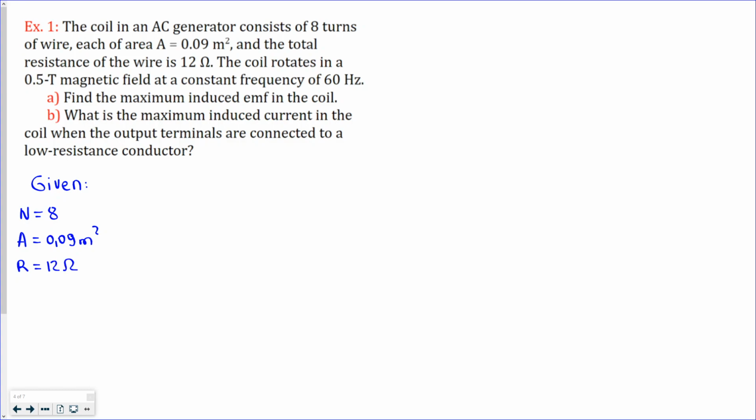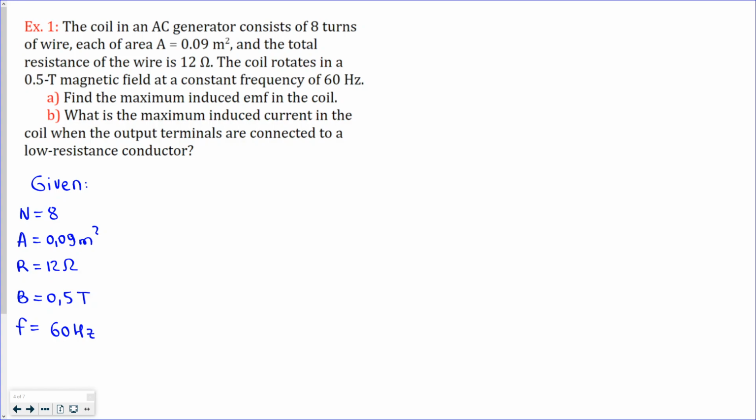And the coil rotates in a 0.5 Tesla field. So we know the strength of the field. And also we know the rate of the rotation, as we call the frequency. It is 60 Hertz.